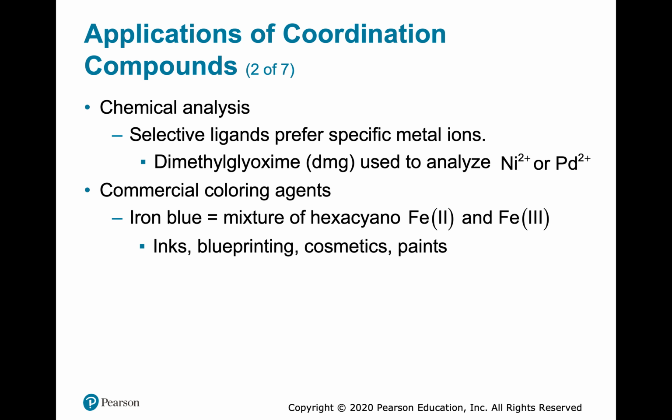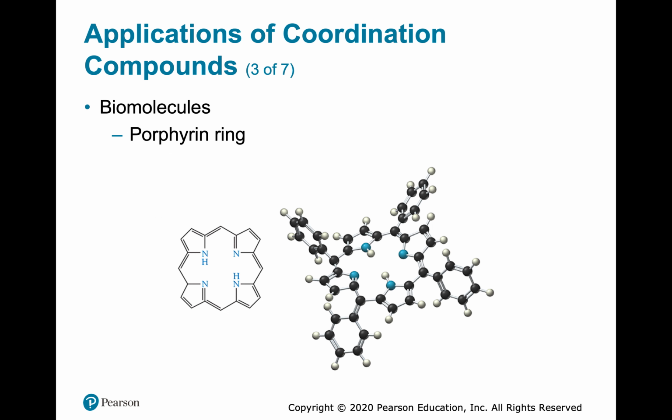And we can also use selective ligands to analyze certain ions, and for coloring mixtures, so hexacyanoiron in 2 and 3 for that. It's kind of fun to do some of the art with that, the photography and whatnot.